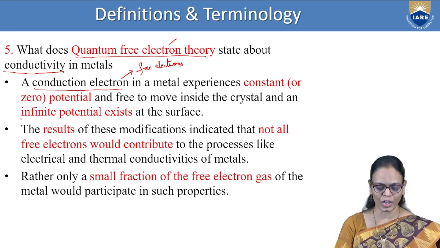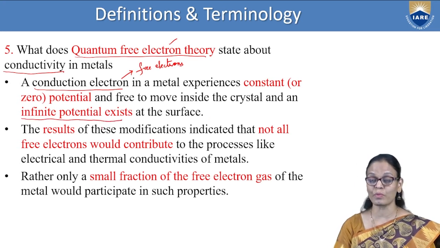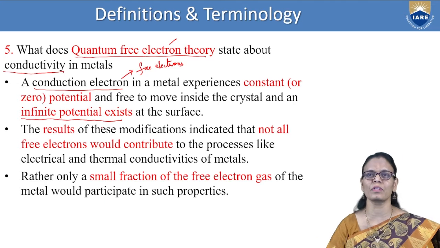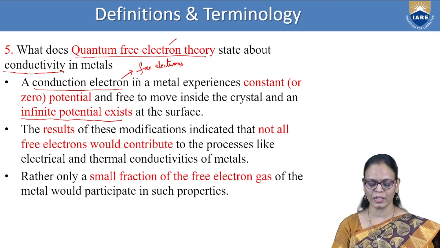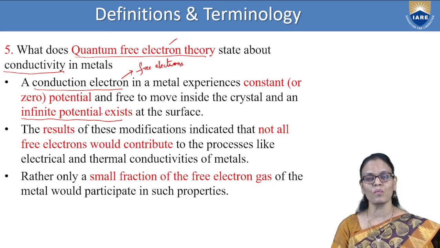surface. So, the explanation given is why the electron cannot come out of the metal. The reason is there is infinite potential at the surface, and the electron cannot overcome the potential to come out of the crystal.